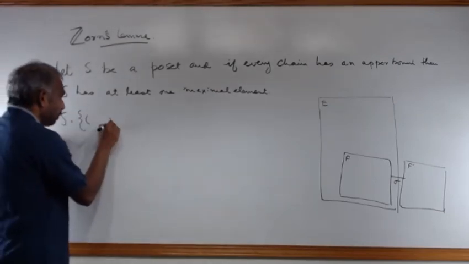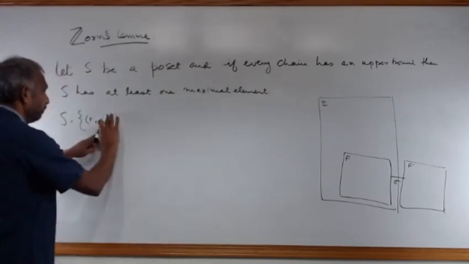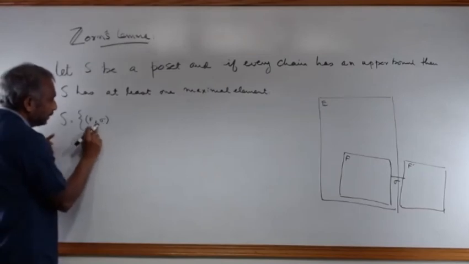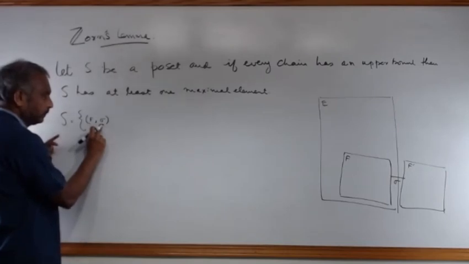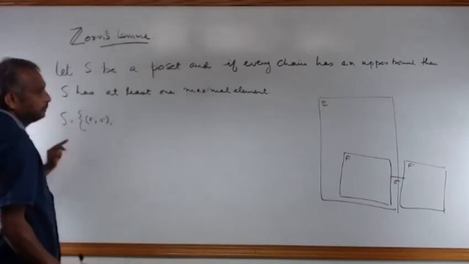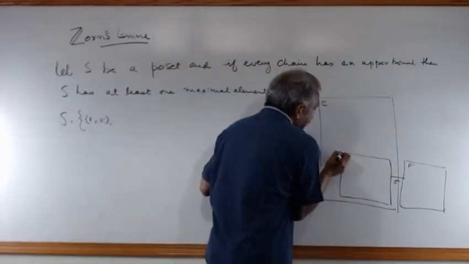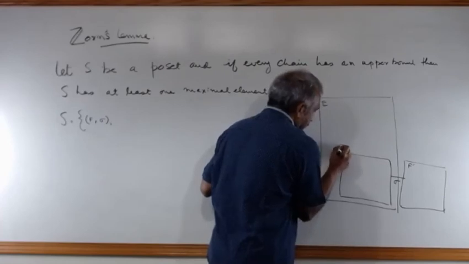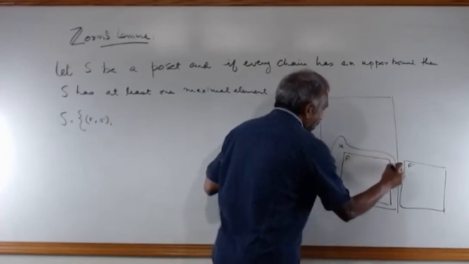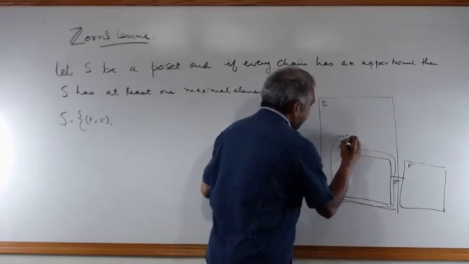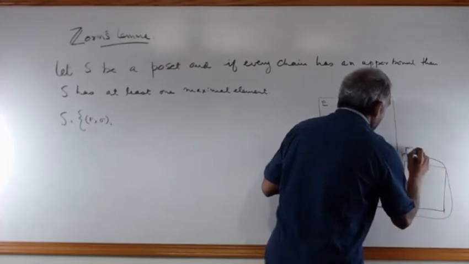an ordered pair. The first ordered pair is (F, sigma). The ordered pair contains two elements. The first element is a field, the second element is an isomorphism. The next element will take an alpha outside F. So we know that we can define an extension from F(alpha) to F'(alpha').